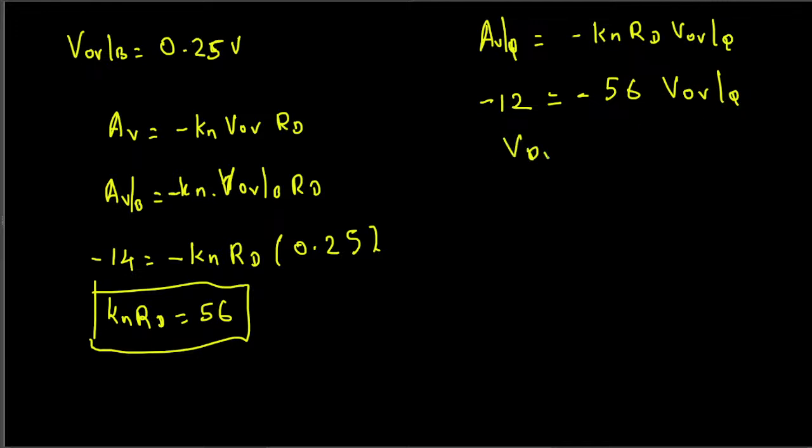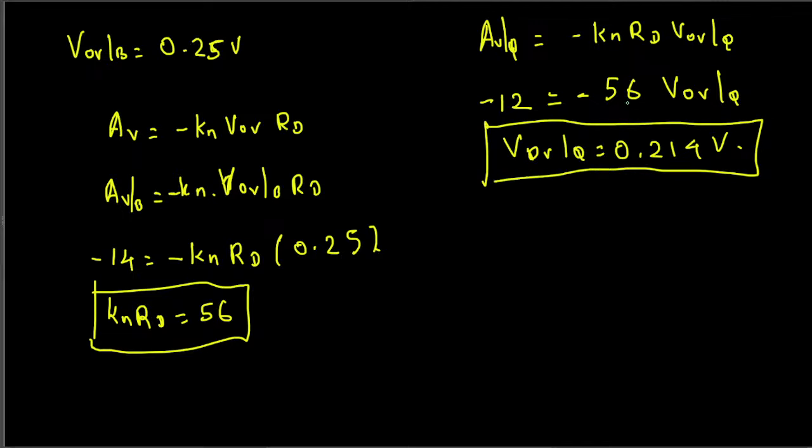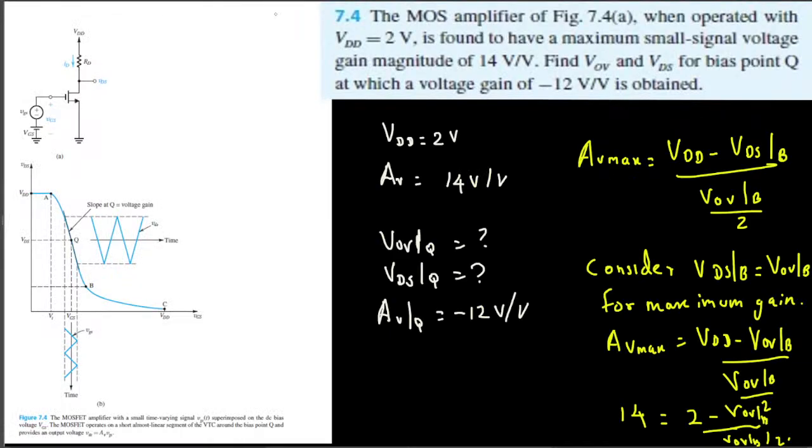If you solve for VOVQ, it comes out to be 0.214 volts. This is one of the required things in the question. They also require the VDS value.